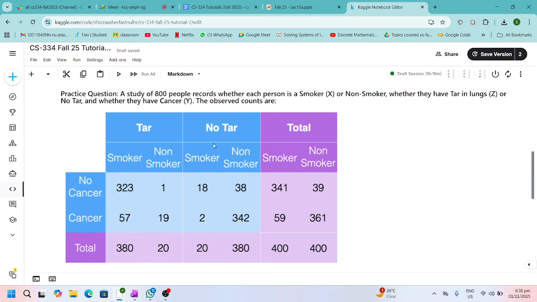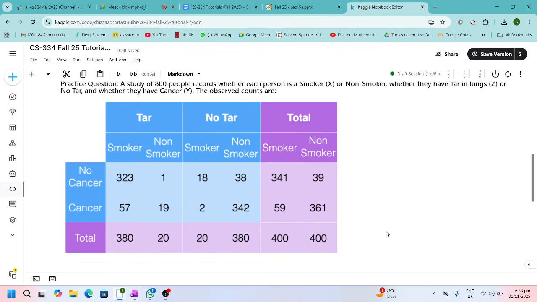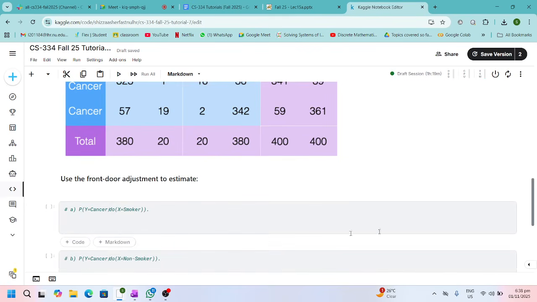Anyway, I'm not gonna go over every single stat. इसमें से एक value pick करके at least उसको interpret कर लेते हैं. This particular number 18, what does 18 represent? 18 represents the number of smokers with no tar in their lungs that had no cancer. So you should just know how to interpret it that way. With that, let's move on.